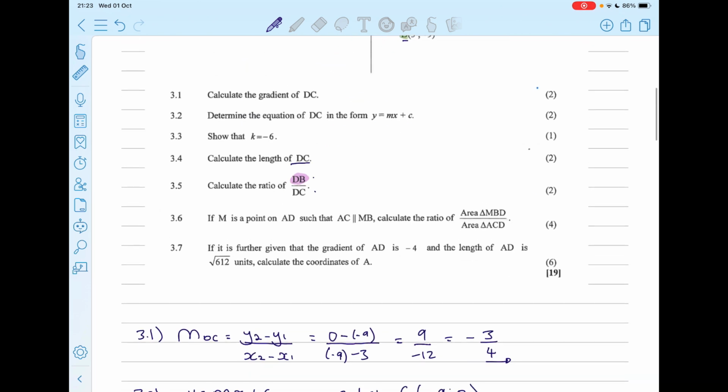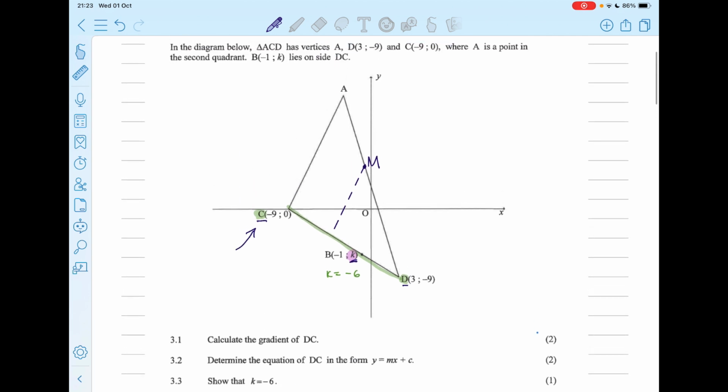Wait, I think I'm missing something. MB. Oh, it should connect to B. Oops. Okay, so if it's parallel and it's connecting to MB, that means just keep it like that. There we go.